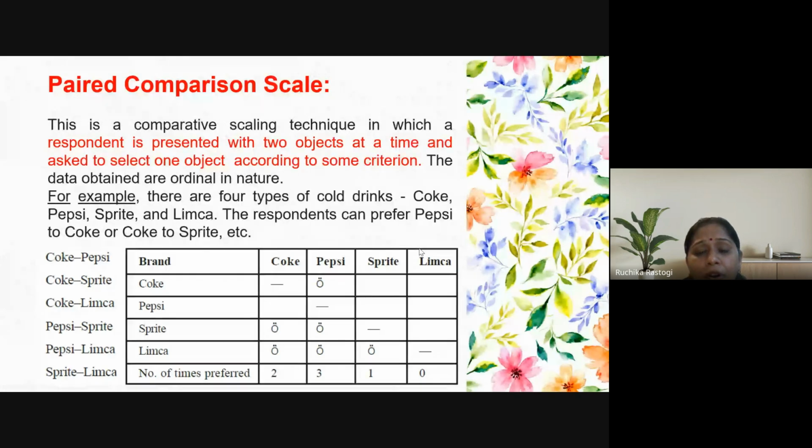Maybe there are four, but in a pair, the choices are provided to your brother. So you give the first pair choice to your brother, that you have to choose between Coke and Pepsi, or you can choose between Coke and Sprite, Coke and Limca, likewise with the other brands like Pepsi and Sprite, Pepsi and Limca, and Pepsi and Coke. So there are multiple pairs which are provided to your brother.